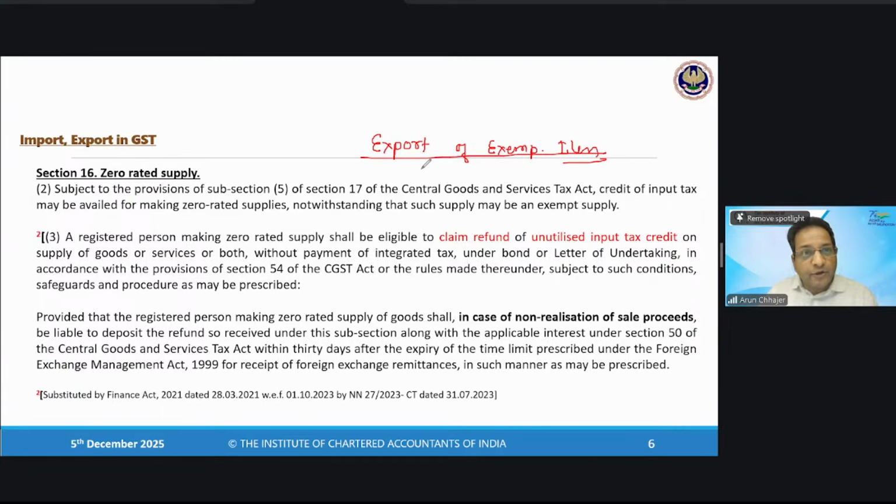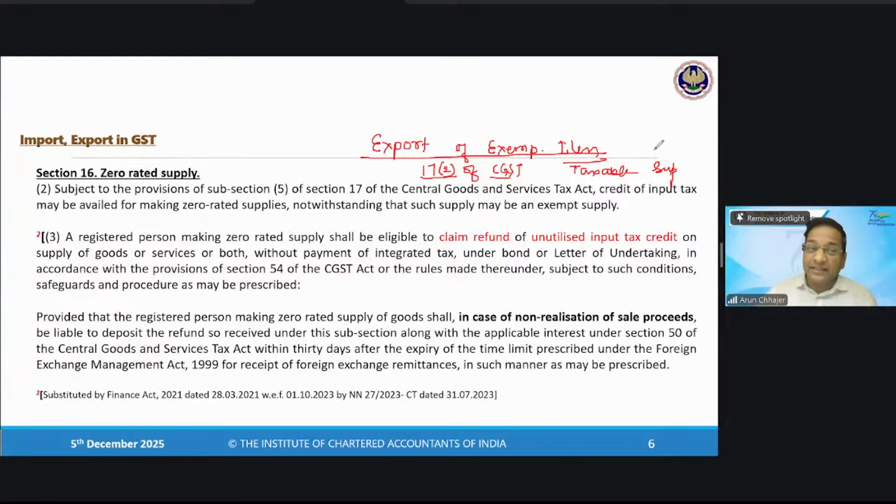See, it is because of two main reasons. When you read section 17 subsection 2 of the CGST Act, you can easily recall that they are talking about taxable supply, including zero rated supply. Yes or no?